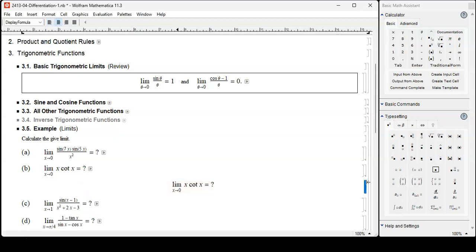Well, it looks like we have a 0 times infinity type limit, but it doesn't have to be that bad. I can always change that into a 0 over 0 type limit. What is cotangent? Remember that? It's 1 over tangent.